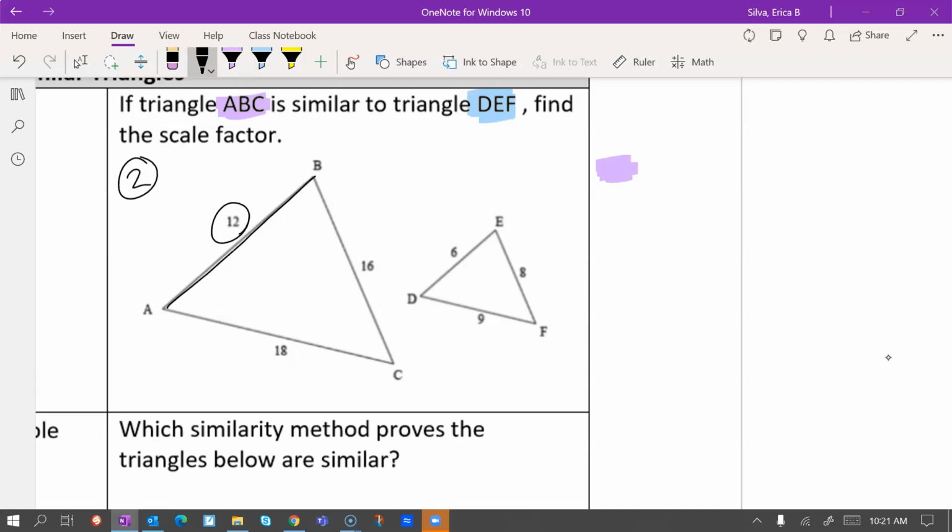I'm going to look at 12, which is represented by AB. The corresponding side is DE, and DE has a length of 6. All you have to do here is divide. 12 divided by 6 is 2, so my scale factor is 2.